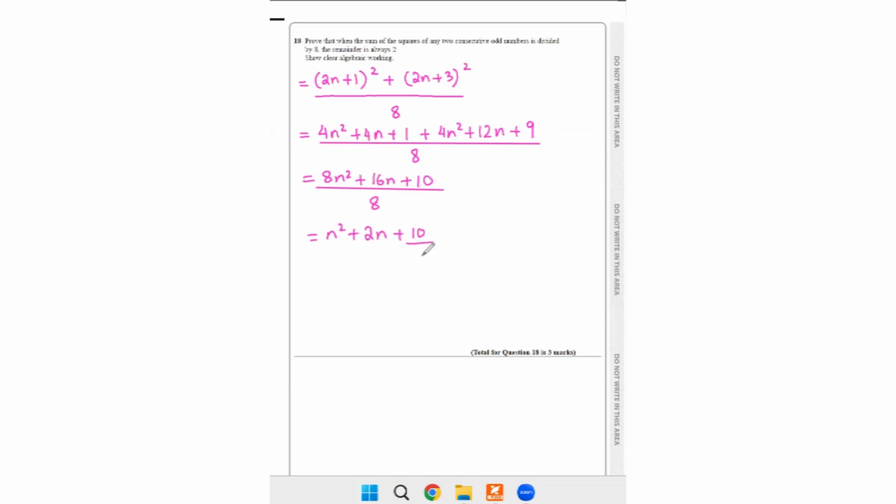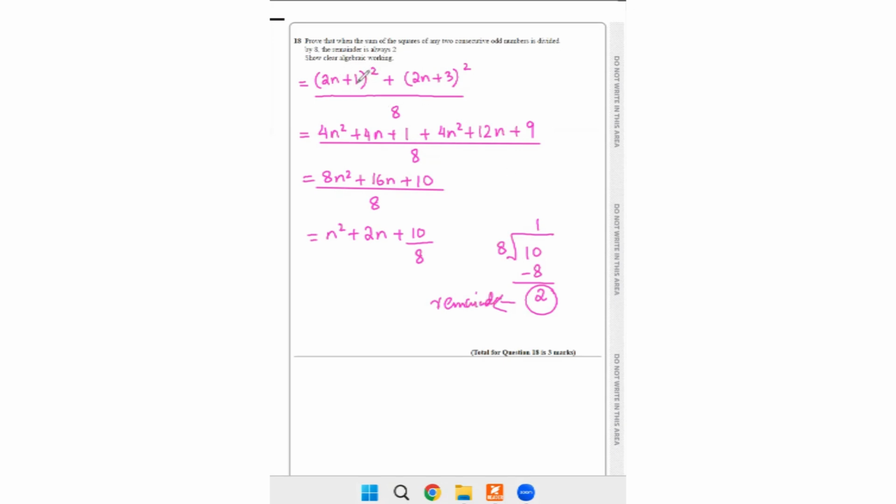But 10 cannot be divided by 8. So 10 divided by 8 is 1 whole number and 2 over 8. So this is our remainder.